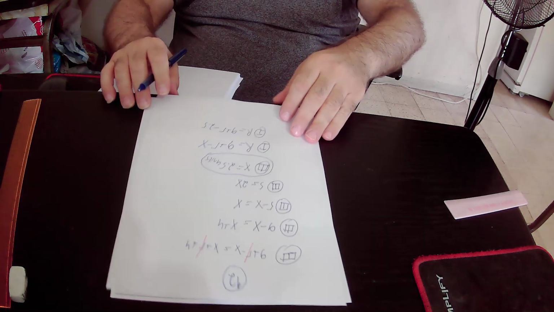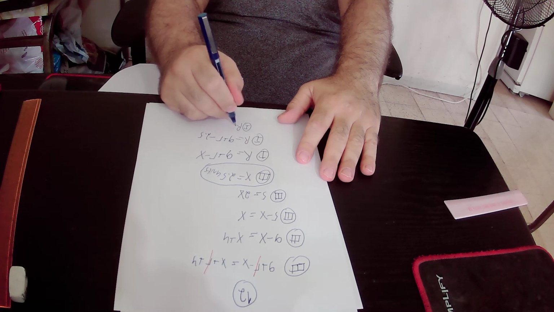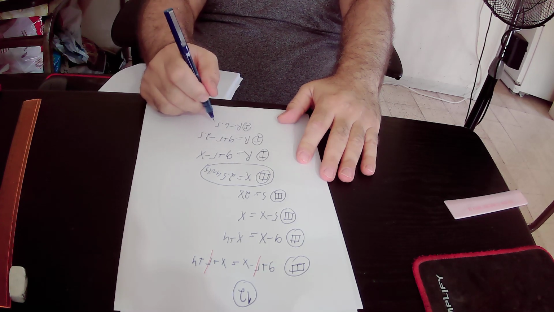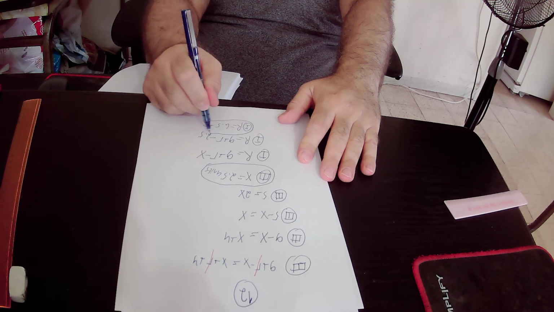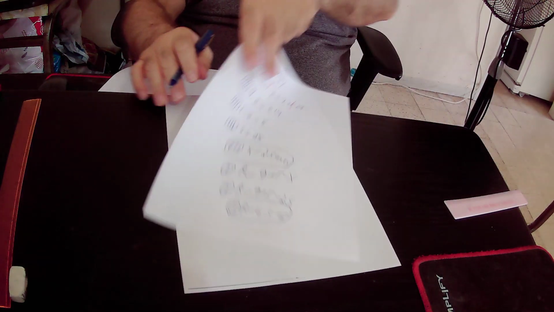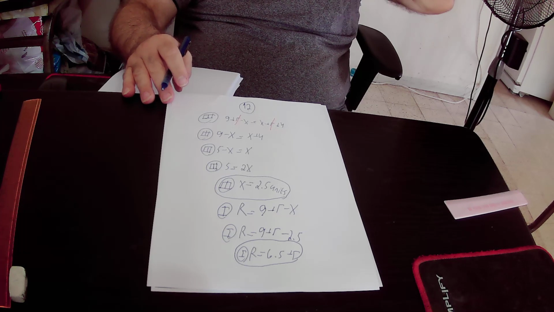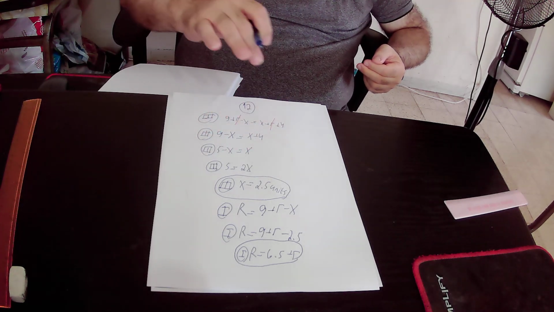So we got that the radius of the big circle equals 6.5 plus R, and we have already found out that x equals 2.5 units.